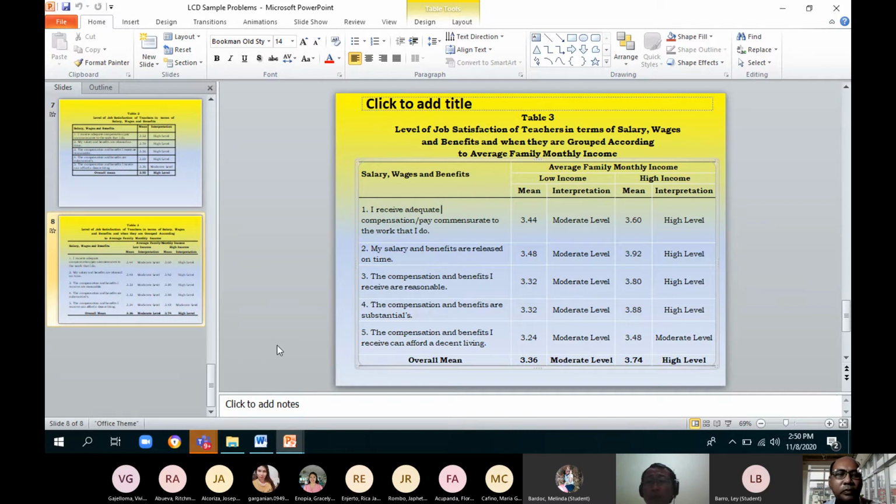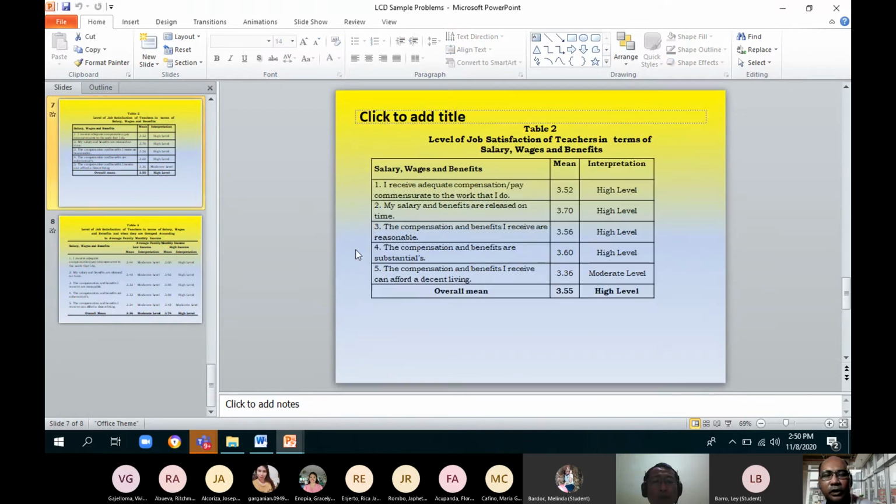Ang discussion from the given table. Okay. For example, how to discuss the result. Ang format natin, una ang table presentation, then followed by your interpretation and discussion. So how to discuss the table?